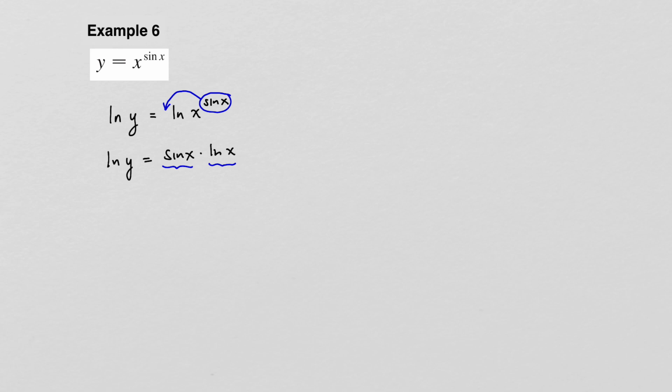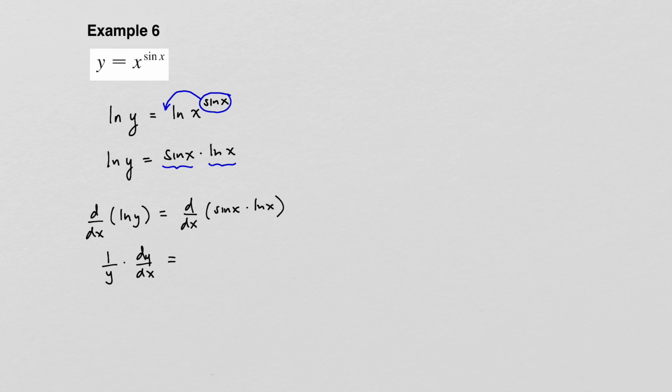So we're going to use implicit differentiation, take the derivative of the left-hand side with respect to x, and the derivative of the right-hand side with respect to x. Now on the left-hand side, you have the derivative of natural log of y, which is 1 over y times the derivative of y, which is dy dx.